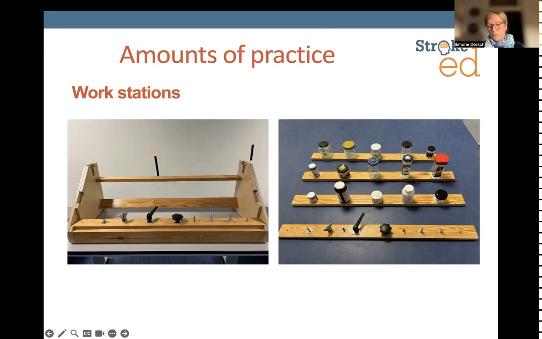This one's got some nuts and bolts, this one's got glass jars, this one's got plastic containers, and these can be slotted in at a particular height, so in close or further away or much further away if you want lots of forward flexion as well. So having workstations like this is really going to help set up practice very efficiently.